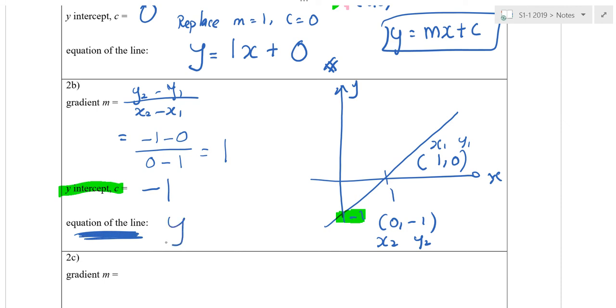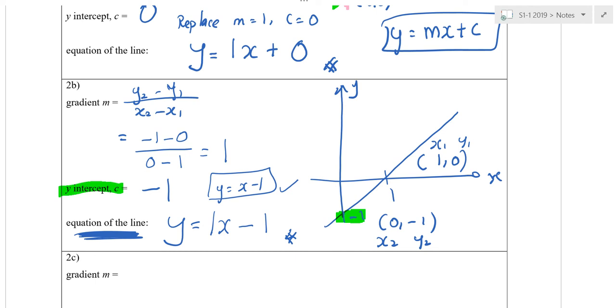Y equals to 1x minus 1. Like that. If you don't write 1x, you write y equals to x minus 1, even better. Both are correct. 1x is from where?